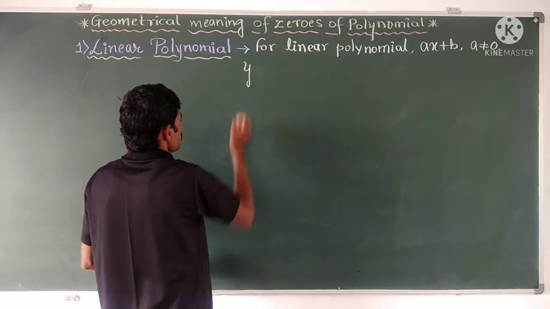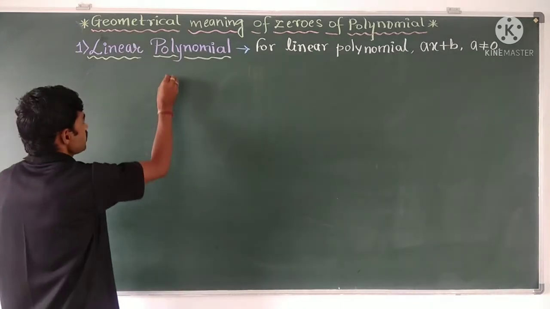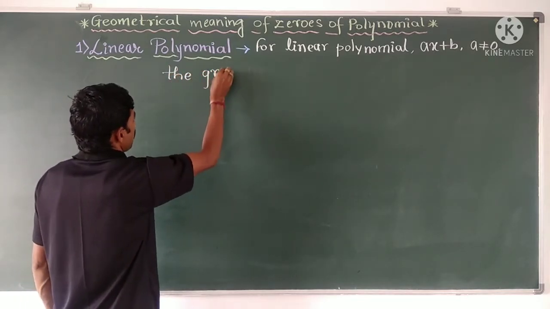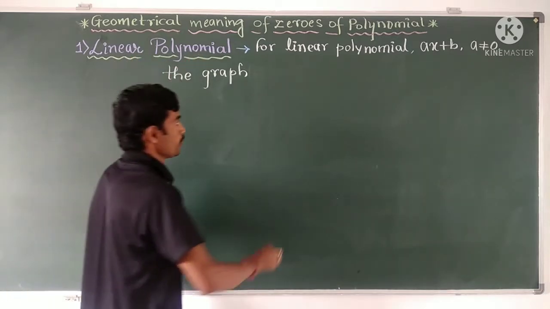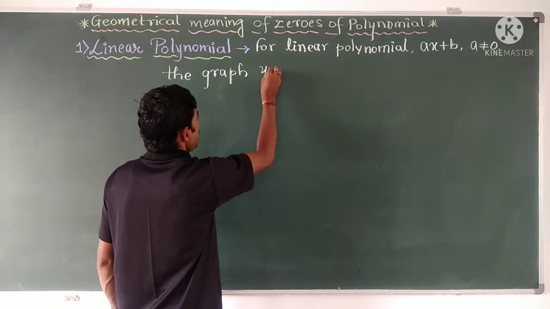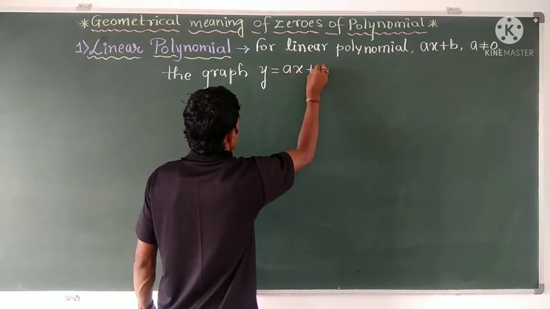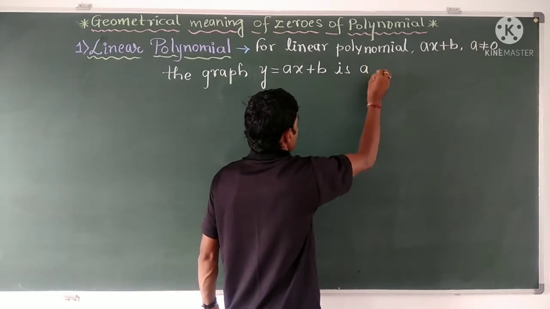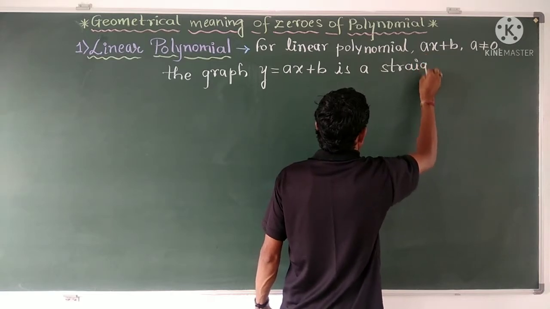Then y is equal to ax plus b, that is the graph we need to construct. The graph of a linear polynomial, y equals ax plus b, is a straight line.